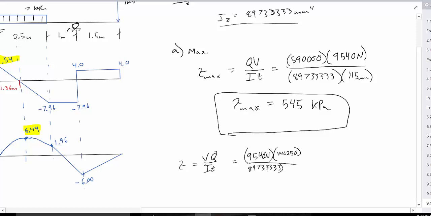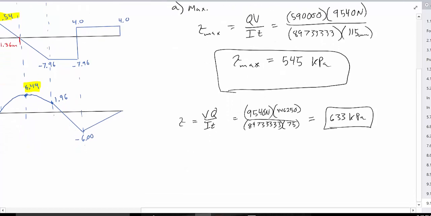Too many threes. And then the thickness is just 75, because we're only analyzing the middle piece. This should give us a value of 633 kilopascals, which is larger.